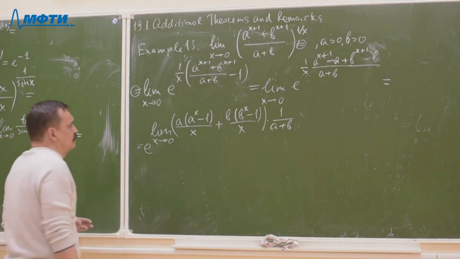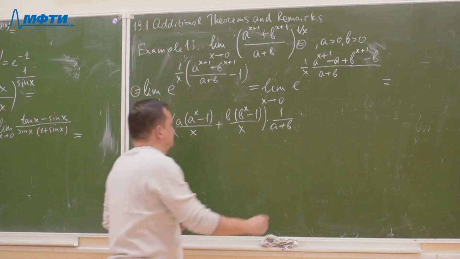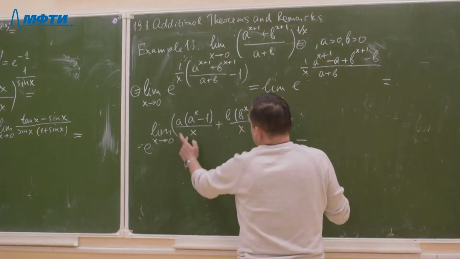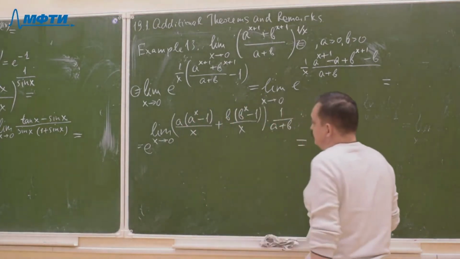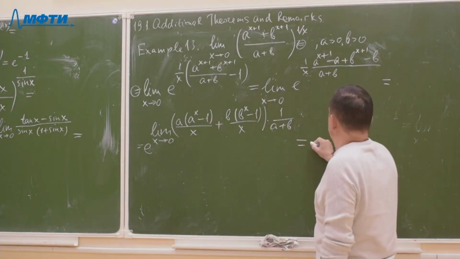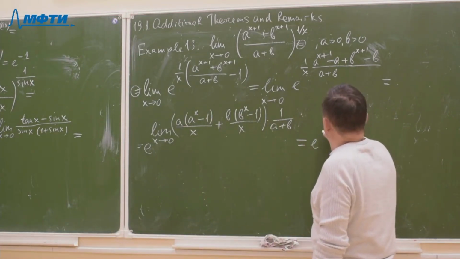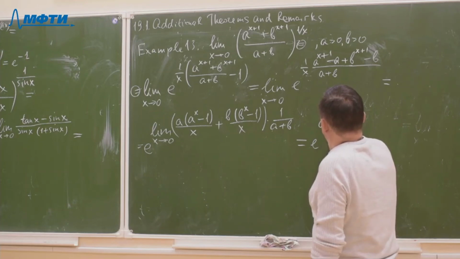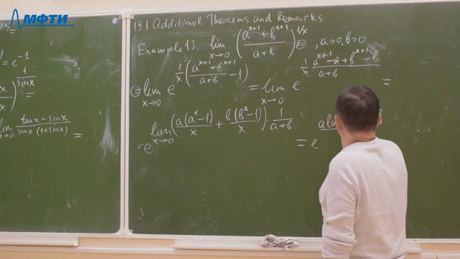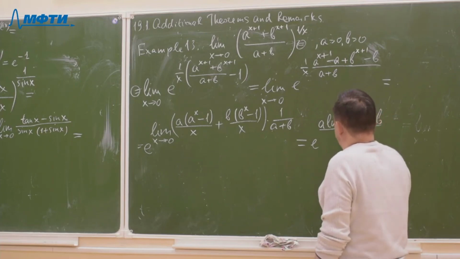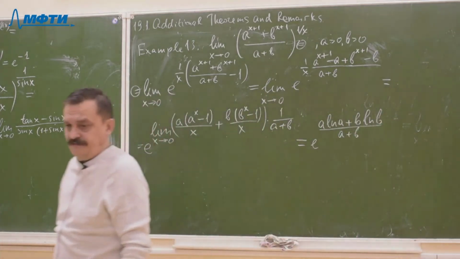And then what we have, those limits are equal to logarithm of a and logarithm of b correspondingly, so we have e to the power (a logarithm a plus b logarithm b) over a plus b. That is the answer here.